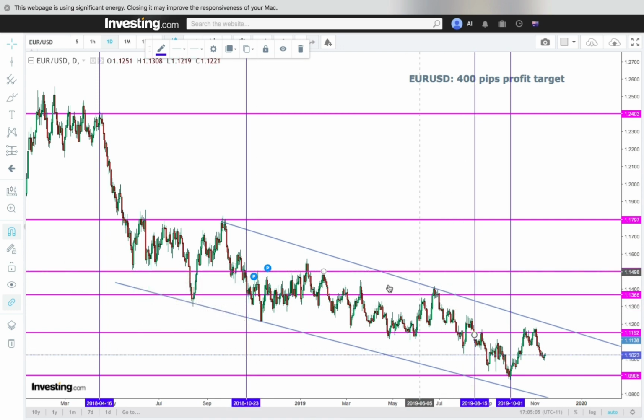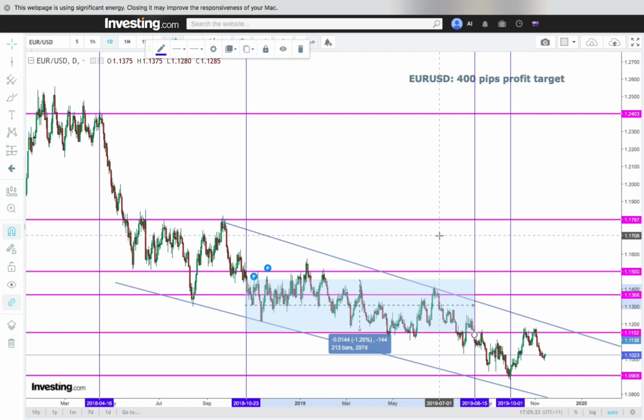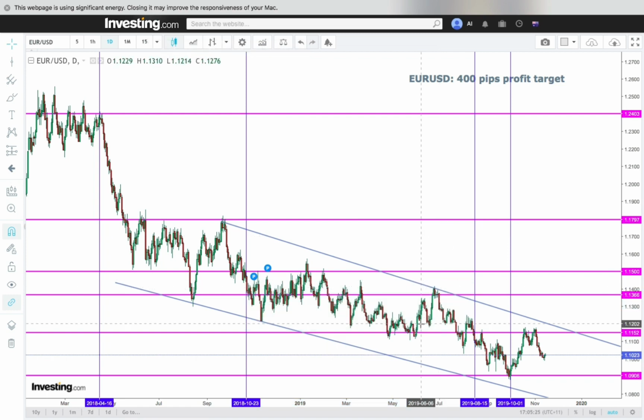This is ranging, as you can see, went down here, went up, down, up, down, up, and then down, and then broke down here. Okay, and how long did that take? It took 297 days, almost 10 months.